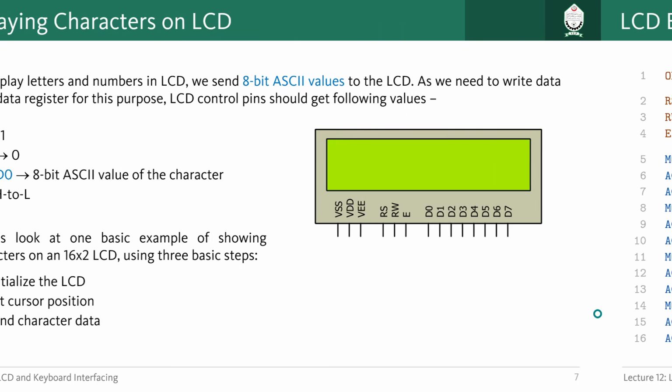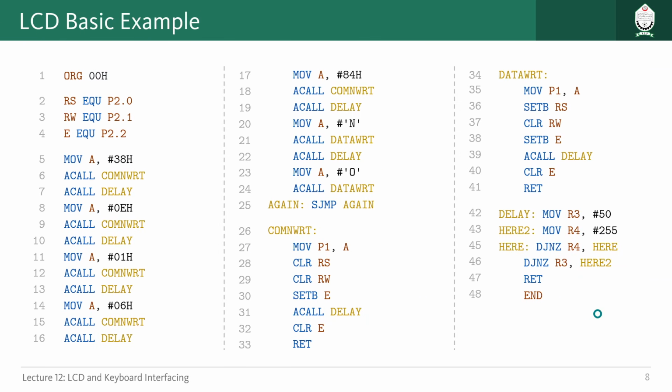So now we can look at the code. This is just one basic example of how we can show different characters onto the display. So let us start from here. We are just defining the pins we have connected with our microcontroller.